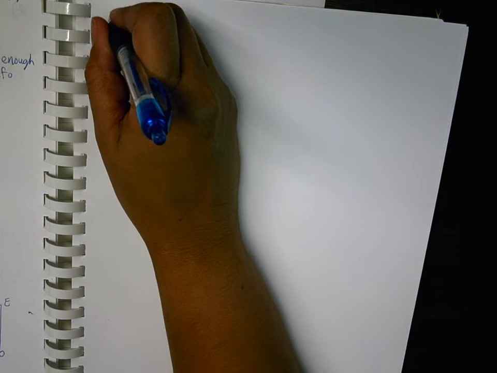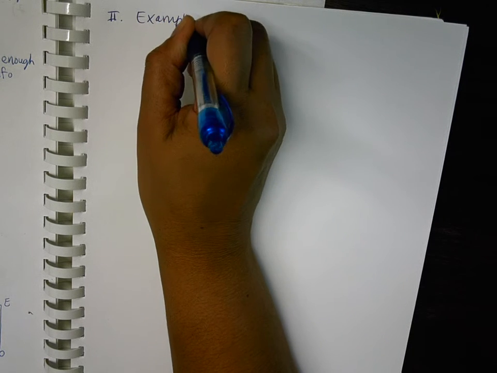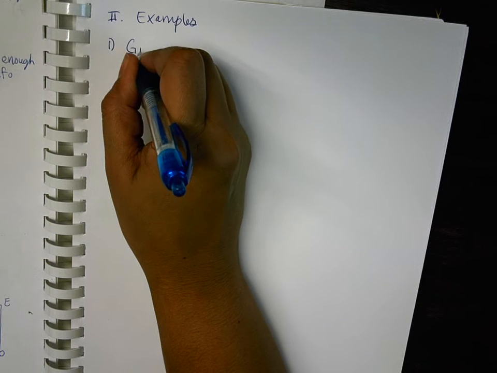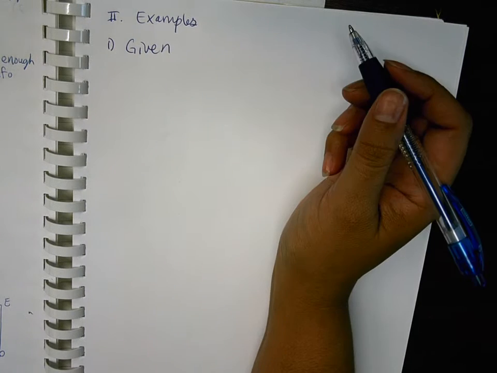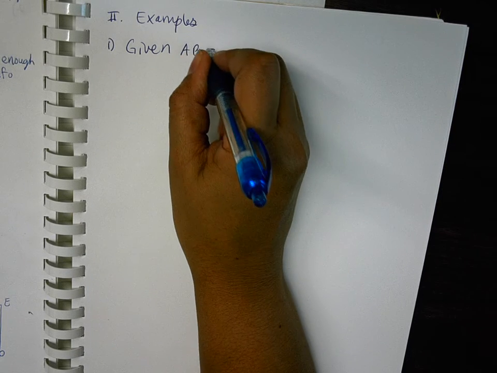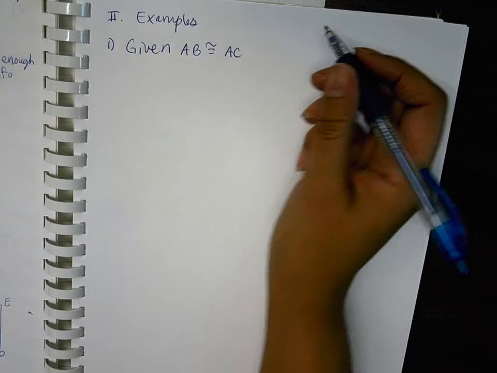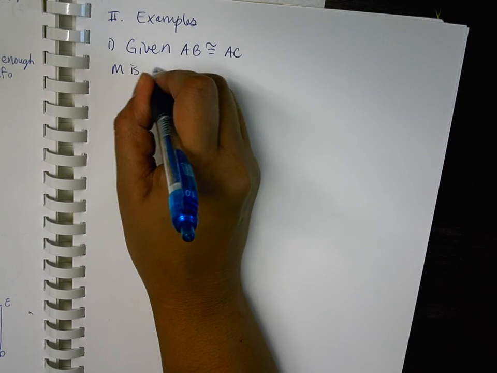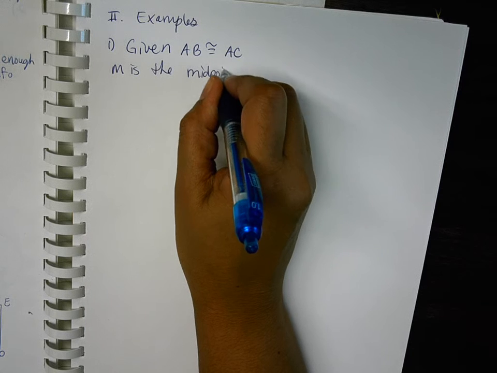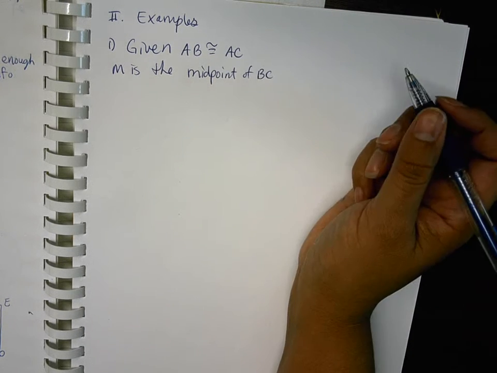Part 2, examples. Number 1. Given: AB is congruent to AC and M is the midpoint of BC.